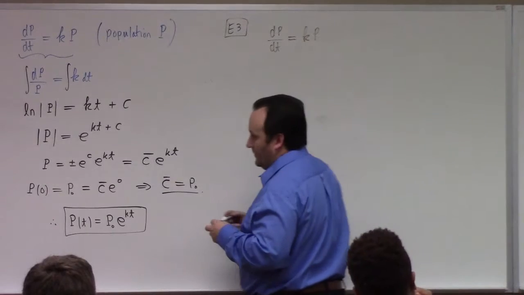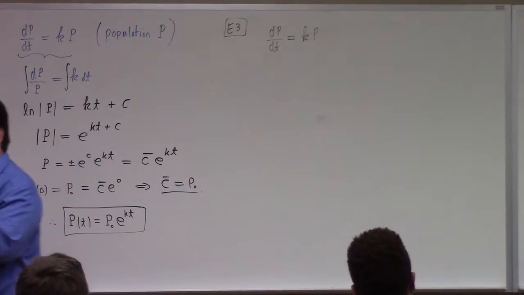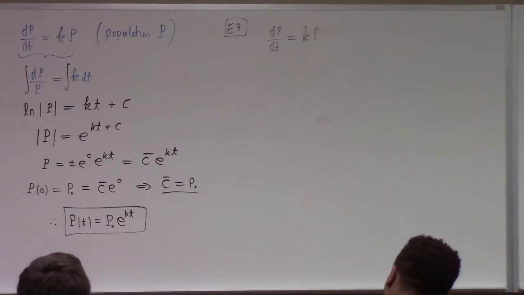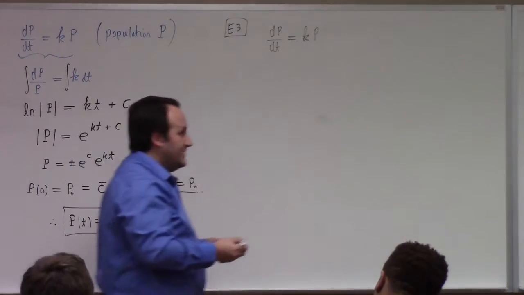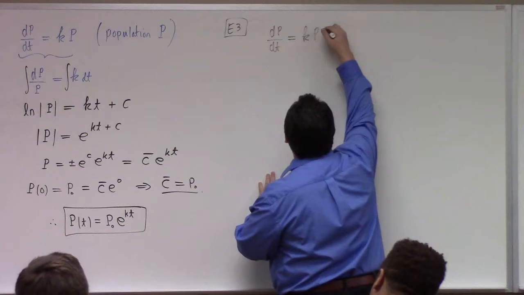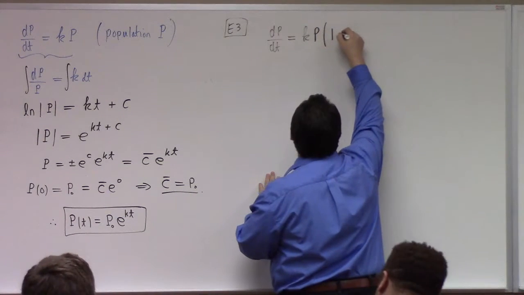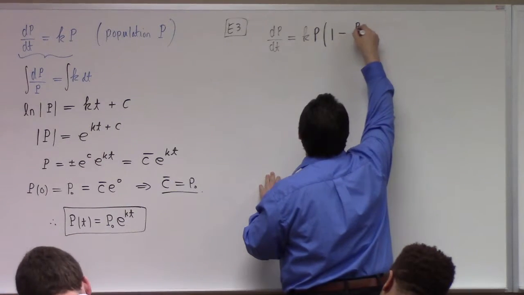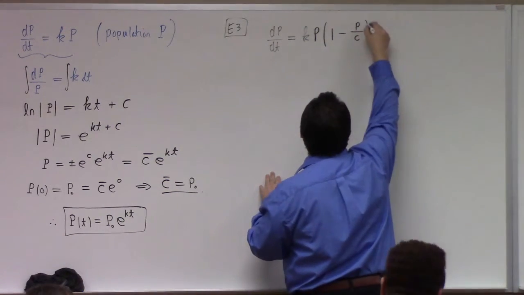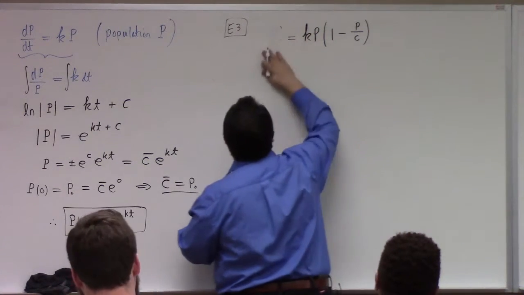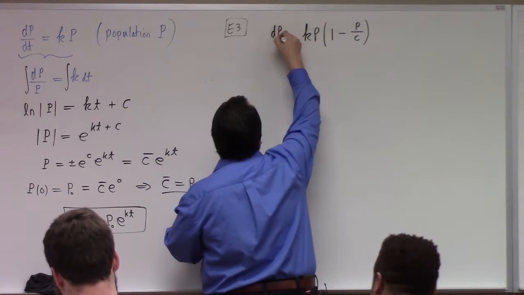You're like, well, that's what we already had, right? It's getting worse. But then you take this and multiply it by 1 minus p over c. That is true. It's all about center mass.